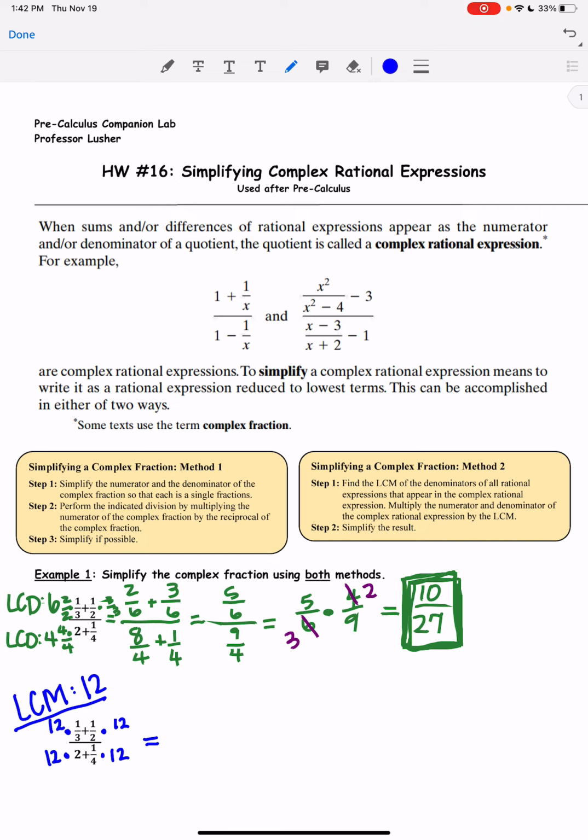So 12 times 1/3, I'm going to cross-reduce, and that turns into a 4. So 4 times 1 is 4. 1/2 times 12, I'm going to cross-reduce, turn that into a 6. All over, 12 times 2 is 24.